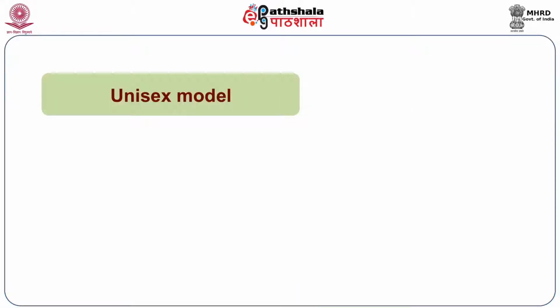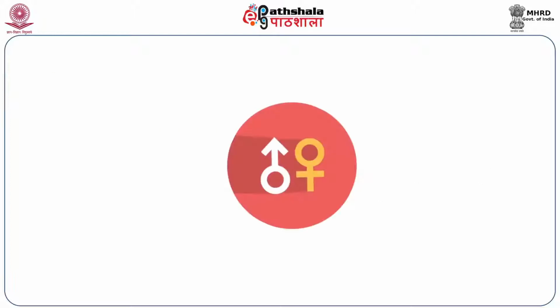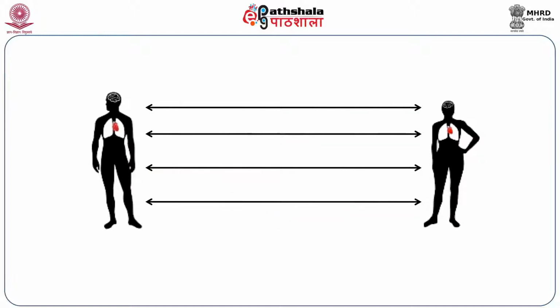And that is the reason why till the 18th century there was only what is called the unisex model, meaning that medical science believed that men's and women's bodies are one and the same, while male organs are outside, female organs are inside. The body template is exactly the same.